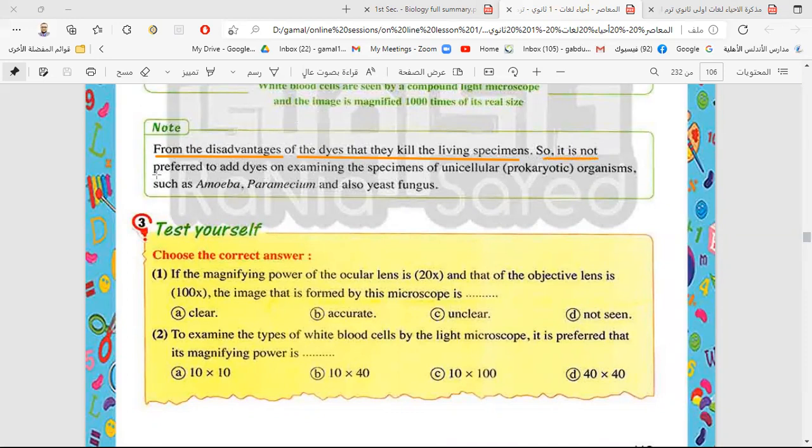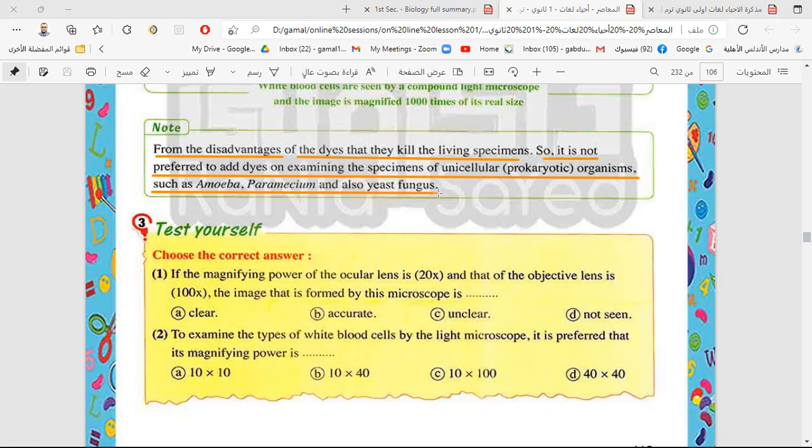It is not preferred to add dyes to examine specimens of unicellular or prokaryotic organisms, because you will kill the living organisms like amoeba, paramecium, and also the fungi. You shouldn't use dye to color them because it will kill the living organisms.